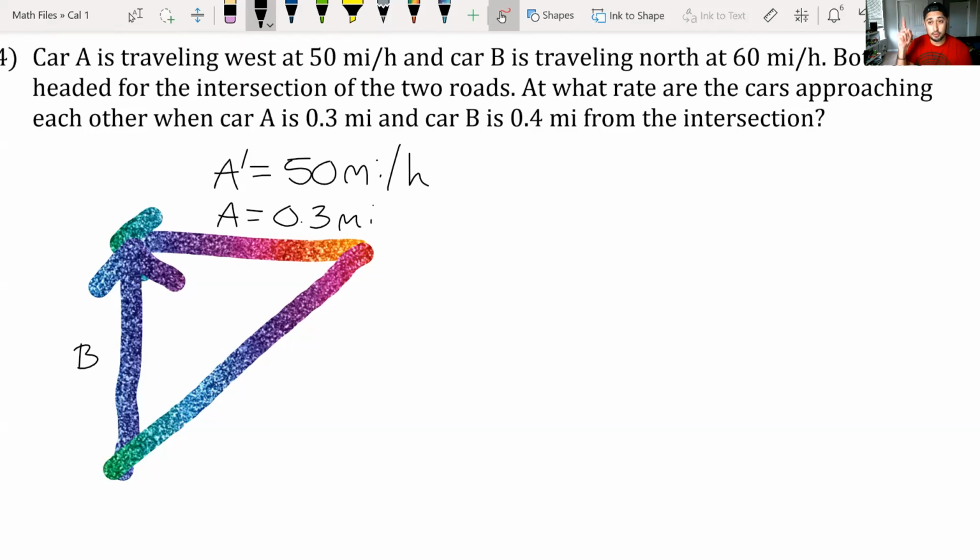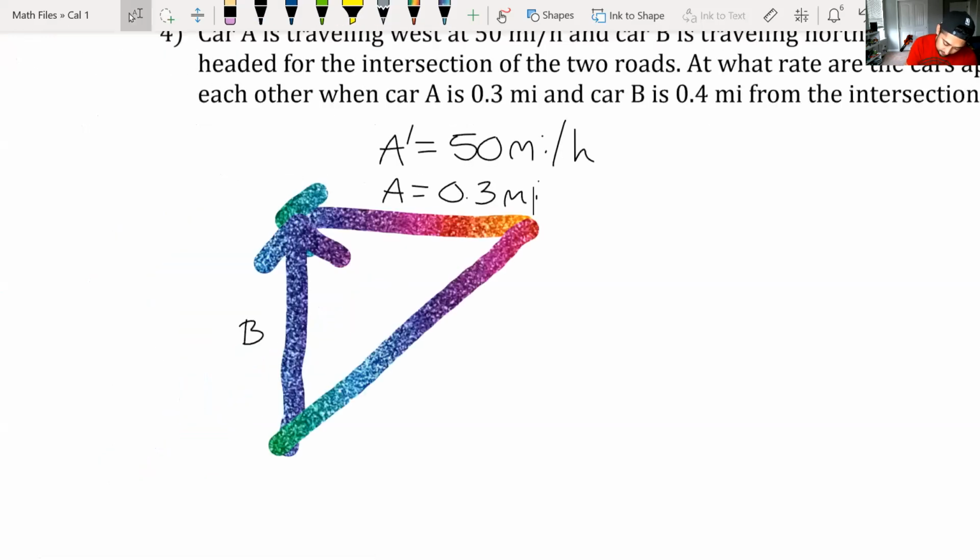Okay, and then let's look at car B. Car B is traveling north at 60 miles per hour. So that's not B, that's B prime, because remember, our primes represent our rates. So B prime is 60.